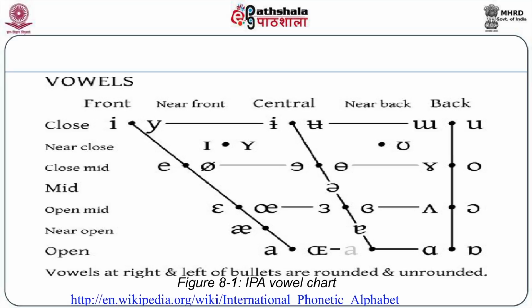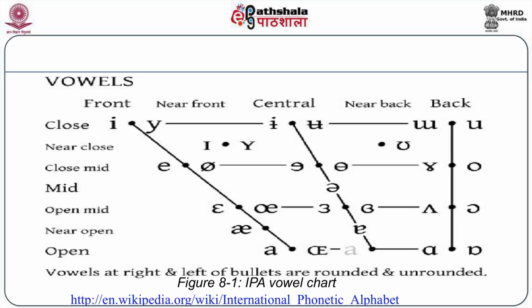The convention is that the vowels on the left of the dots are unrounded vowels and the vowels on the right of the dot are rounded vowels. Thus, on the close front point, the vowel on the left is unrounded and the vowel on the right is rounded. Similarly, on the close back part, the vowel on the left is unrounded and the vowel on the right is rounded.